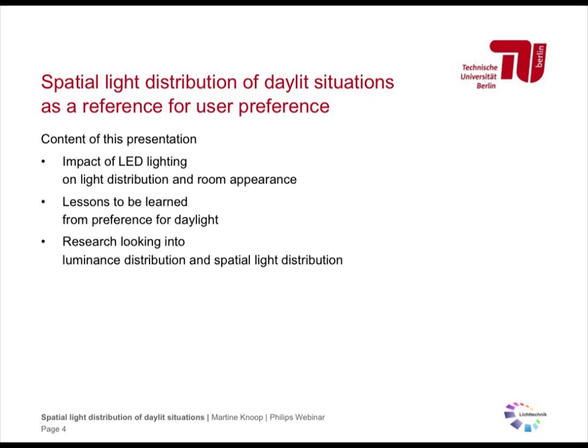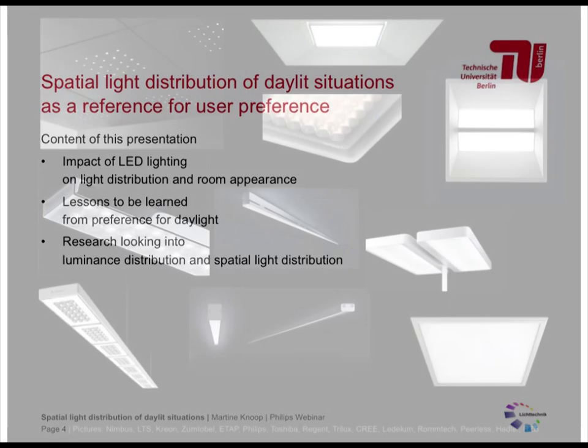Secondly, I will look into one specific characteristic, with the idea to learn from our preference for daylight, to learn from daylit situations, which are generally preferred over electric lighting solutions. And I will end this webinar with the research of a number of PhD students that looked into, or are still looking into, luminance distribution and spatial light distribution.